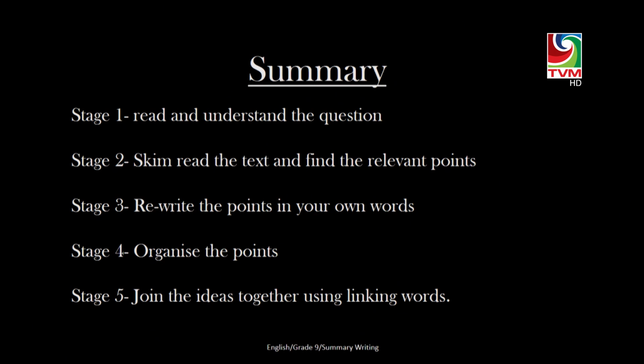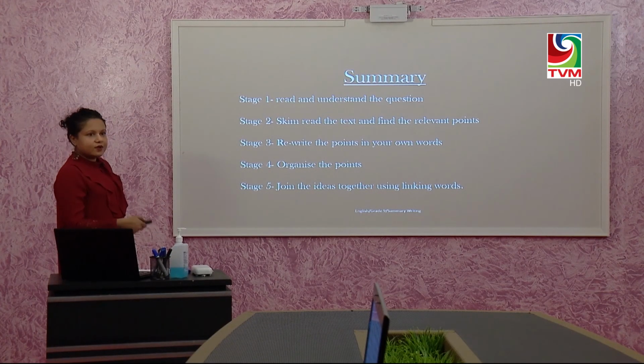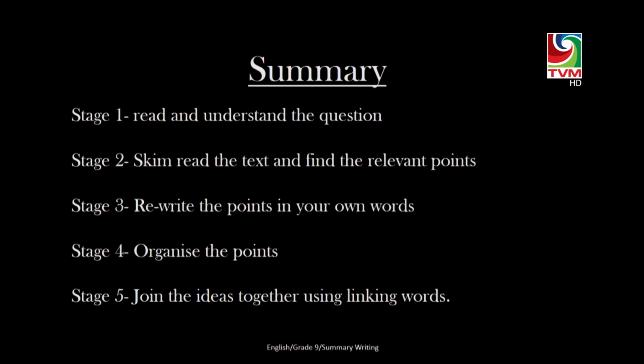Stage 3, rewrite the points in your own words. So here you rewrite the points that you have underlined in your own words. Stage 4, organize the points. You organize the points. If there are any similar points, you join them together and reorder them. And the last stage, join the ideas together using linking words.